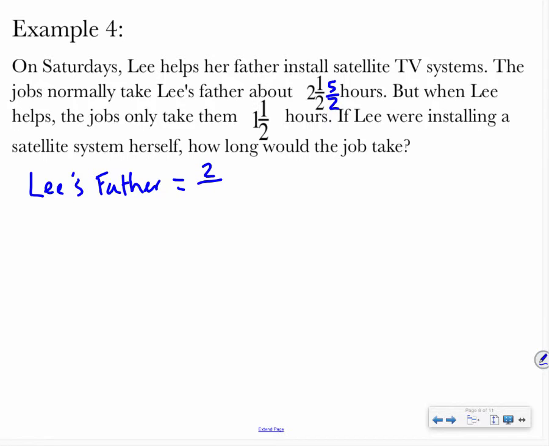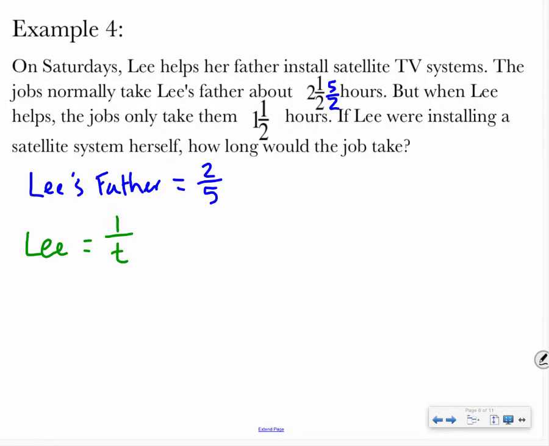So 2/5 of a job in 1 hour is what Lee's father can finish. And then Lee, we are unsure of how much she can finish in 1 hour. So we're going to describe hers as 1/t, just because we don't know.